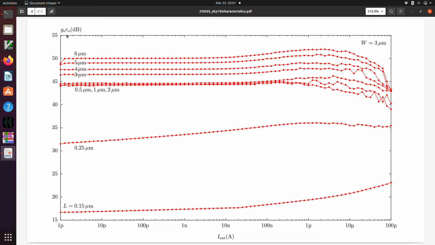So I'm extracting this from a drain curve by fitting the IV curve with a straight line down deep in the ohmic region. Would sometimes be called the on conductance of the transistor deep in the ohmic region. That turns out to be exactly equal to the source conductance, incremental source conductance of the transistor when it's operating in saturation.